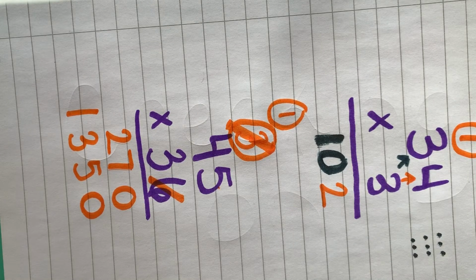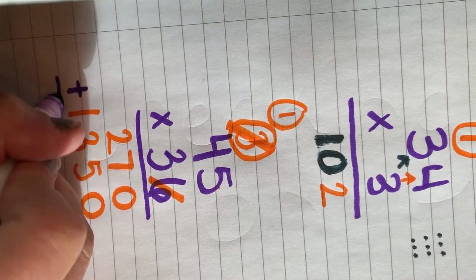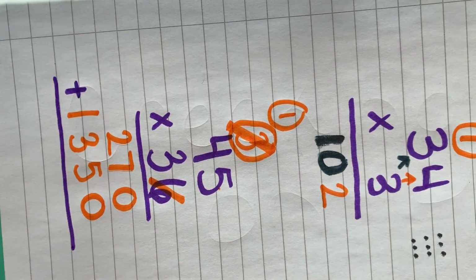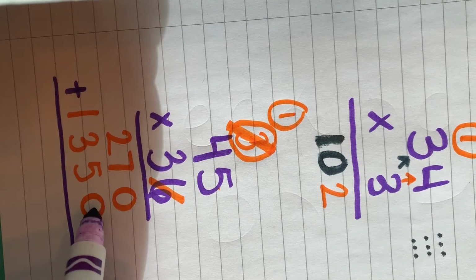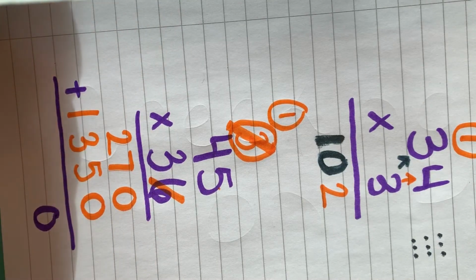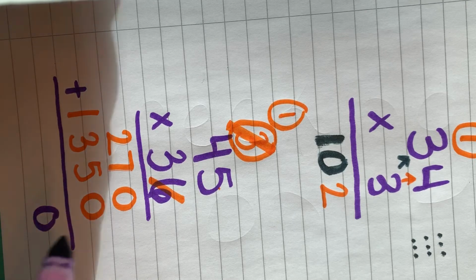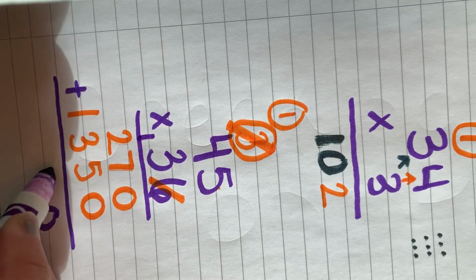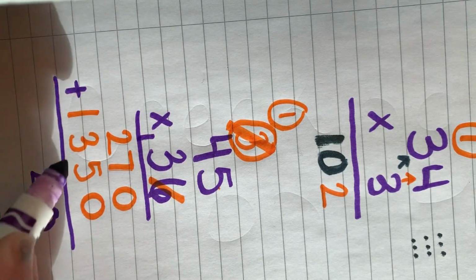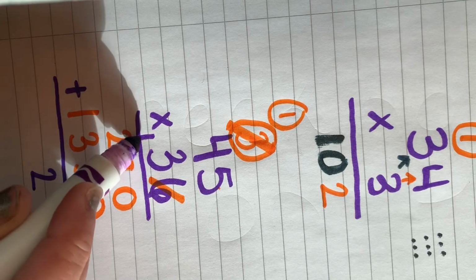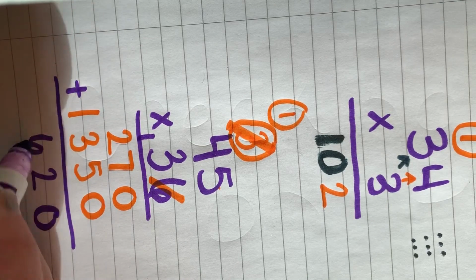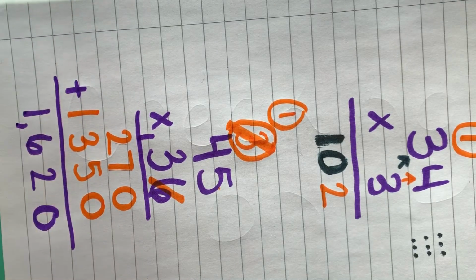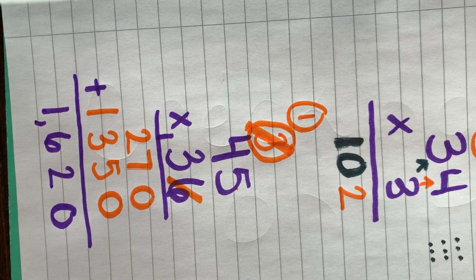Now I need to draw my sign, draw my line. And then I just add. 0 plus 0 is 0. 5 plus 7 is 12. 3 plus 2 is 5, plus 1 is 6, for an answer of 1,620.